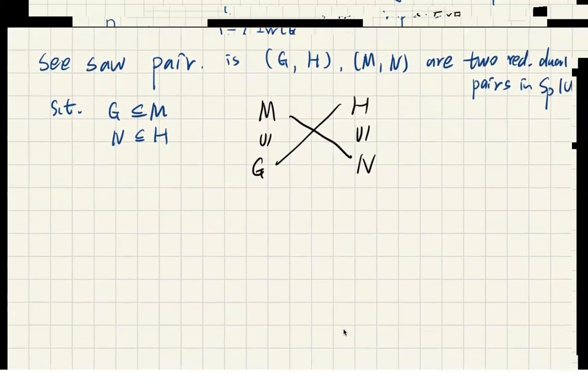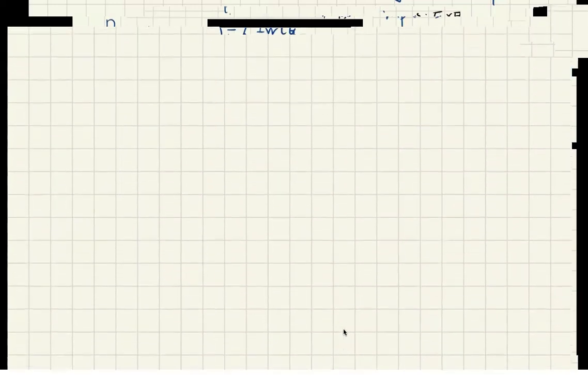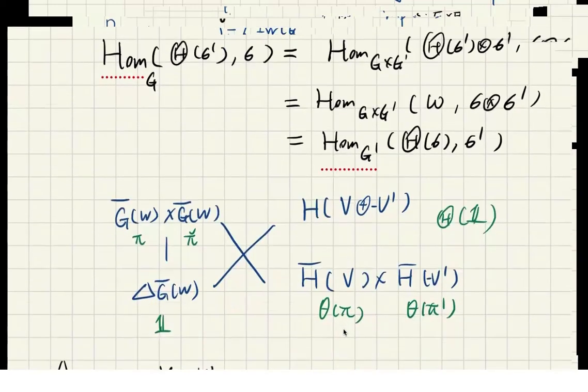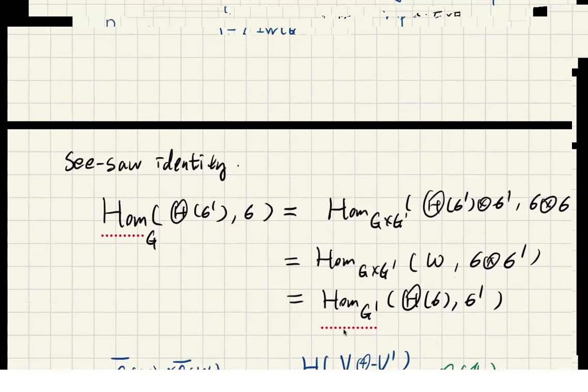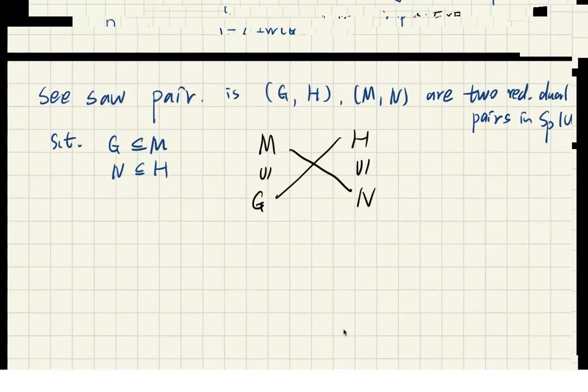For a seesaw pair, the most important thing is called the seesaw identity. Let me copy this one here. So what is the seesaw identity?